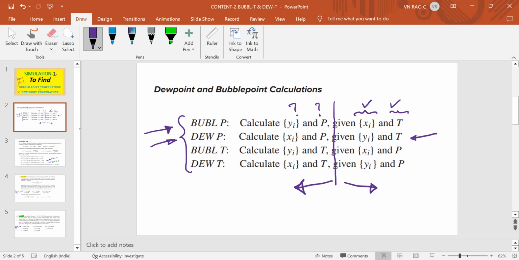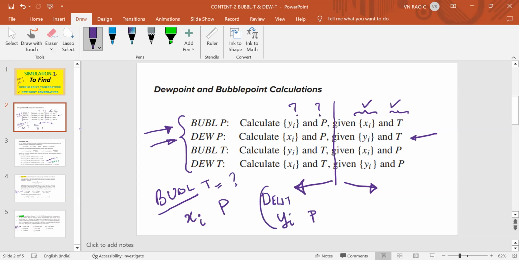If it is bubble point temperature, first of all, since I say bubble, I know the liquid phase compositions. If I want to find temperature, I have to specify the pressure. So this is our problem. Similarly, if it is dew point calculation, Yi is known and pressure is known. So this is known as dew T.